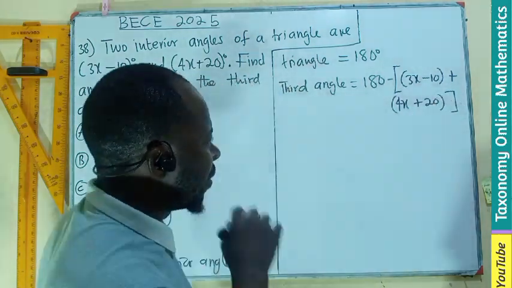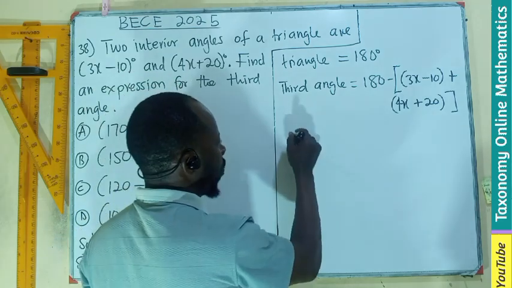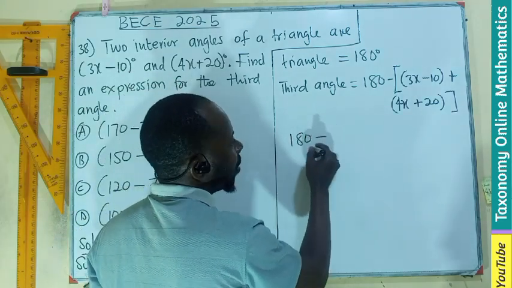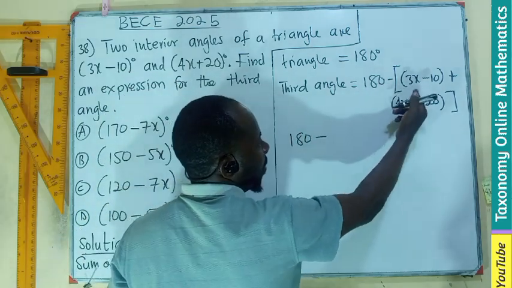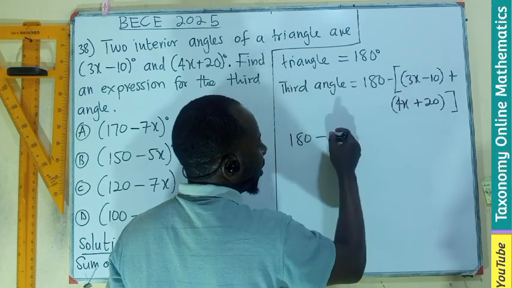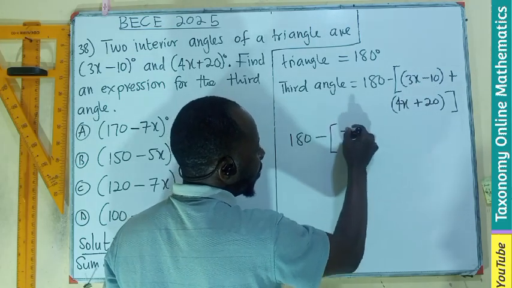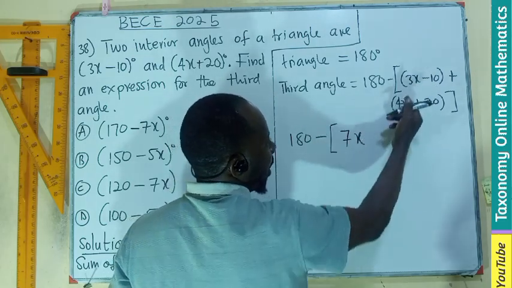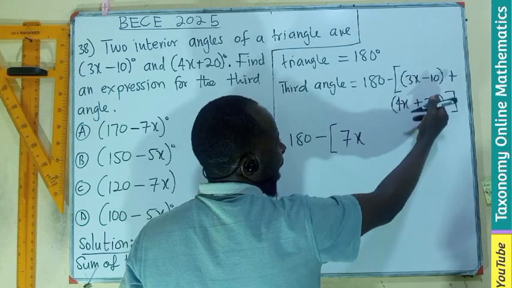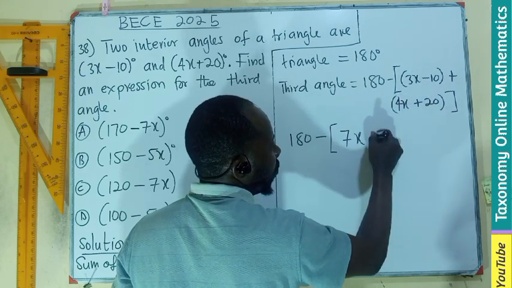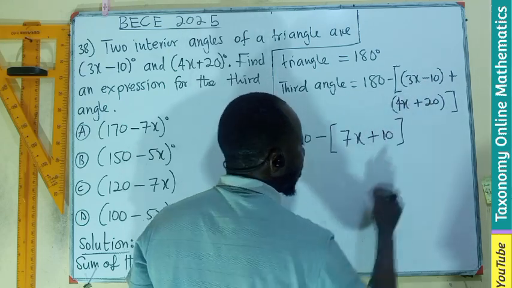So in adding this, remember it is 180 minus. So let me still maintain them: 7x in the case of this, minus 10 plus 20 will give you a positive 10.